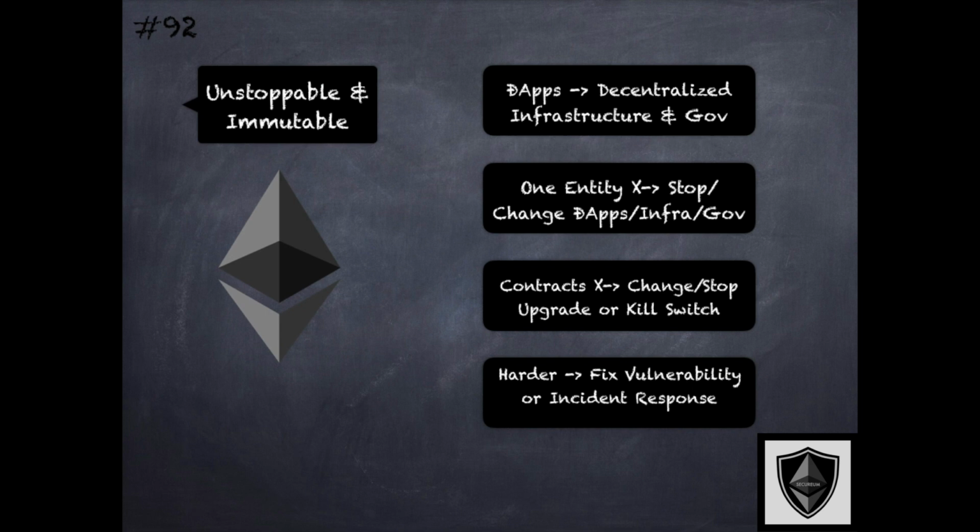So the best practice right now is to do something known as a guarded launch. We'll talk about it in the future modules. But for now, the best practice is to really have the ability to make changes, to upgrade the contracts, to have an emergency withdraw function to remove the tokens in case there is an emergency, right? So that is really sort of the stopgap measure as we progress towards complete decentralization.